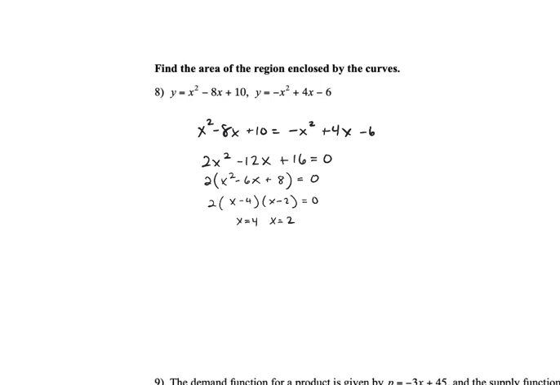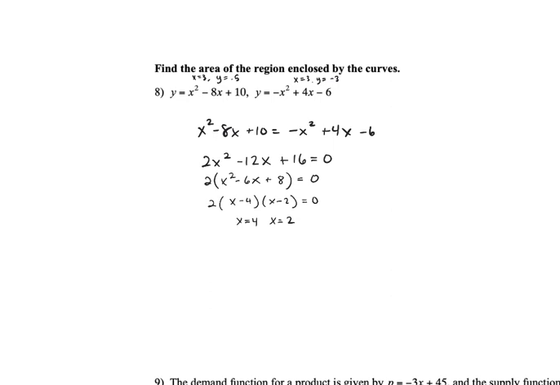So when x equals 3, here we have y equals negative 5. Here when x equals 3, we have y equals negative 3. So this has a lower value. Negative 5 is lower than negative 3, so this is the lower function. This is the upper function between those two values of x equals 2 and x equals 4.